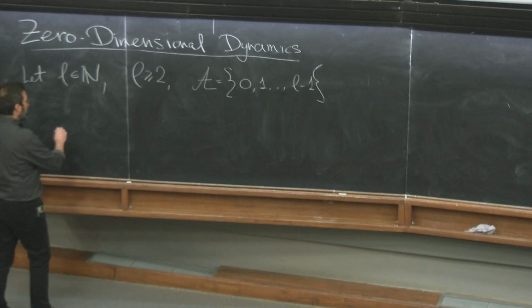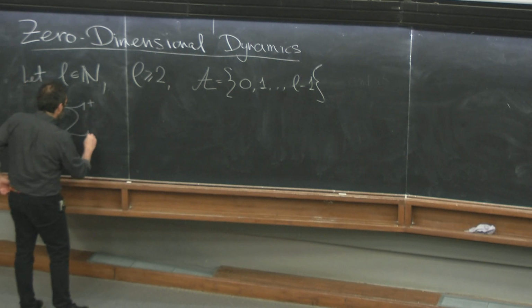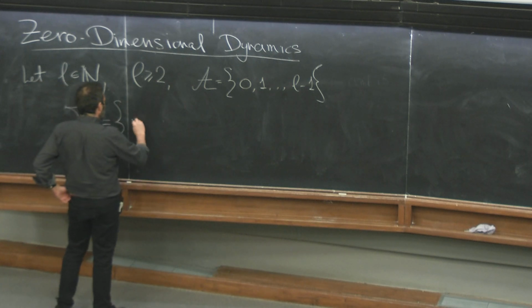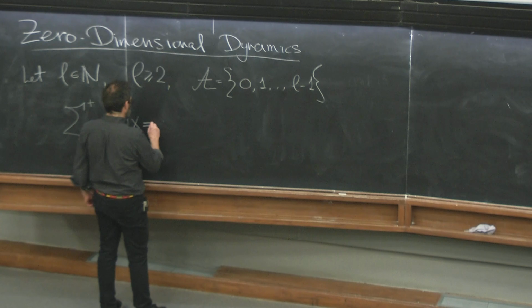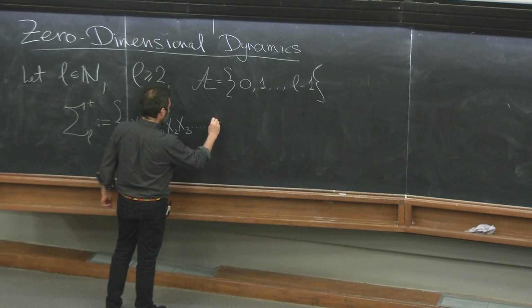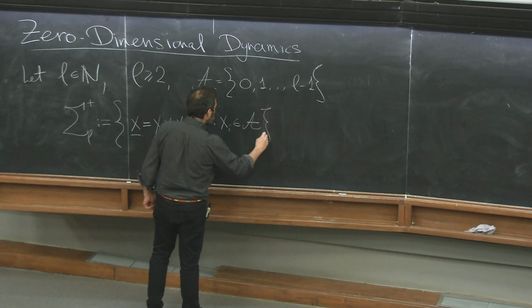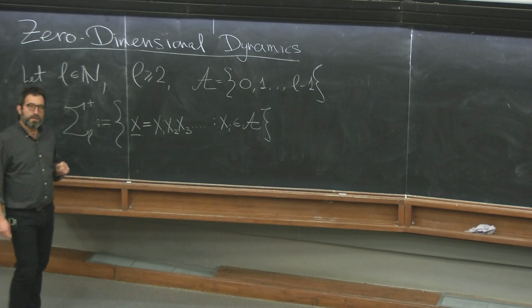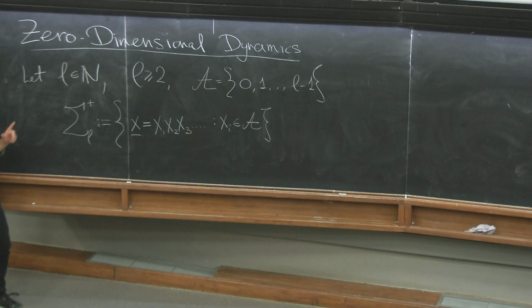And then we're going to define a set sigma plus L, which is by definition equal to the set of sequences, the set of infinite sequences where each term of the sequence belongs to the set A. Okay, so this is the collection of all infinite sequences.